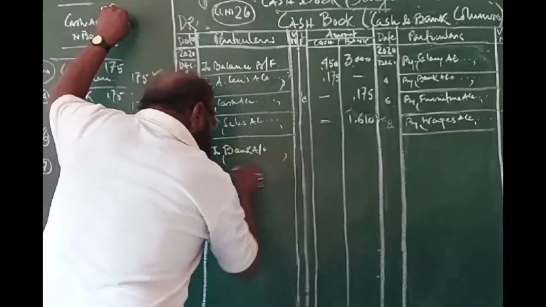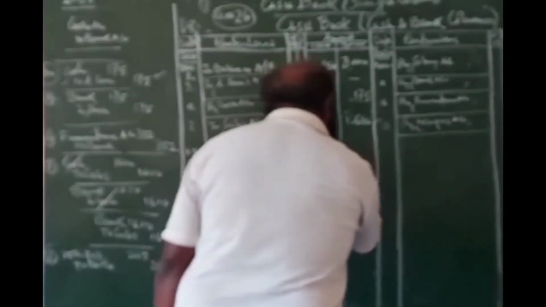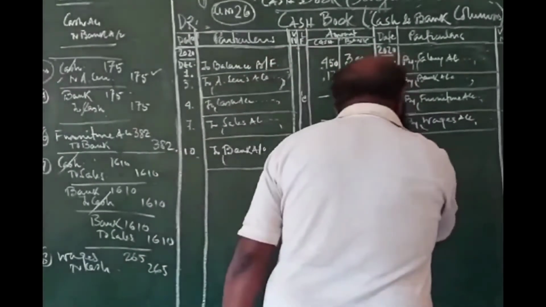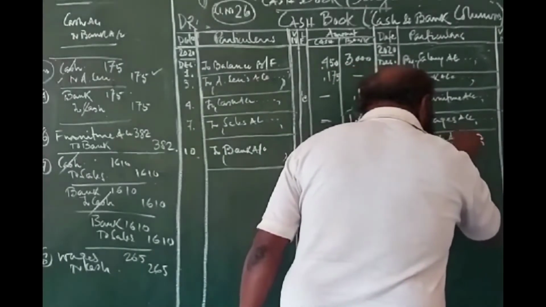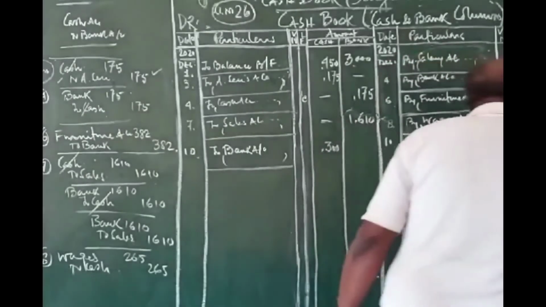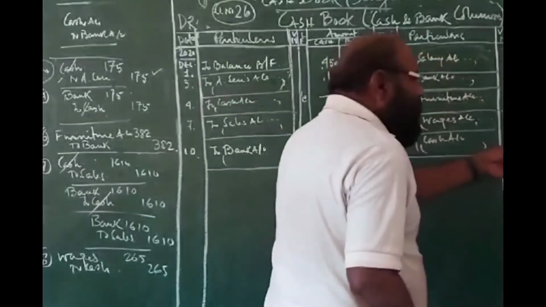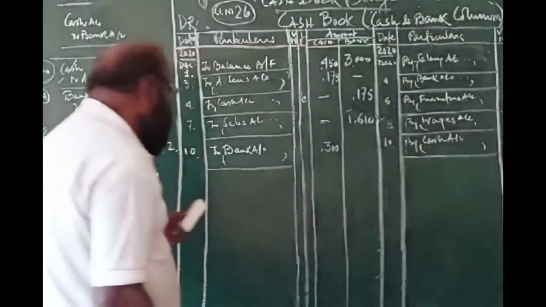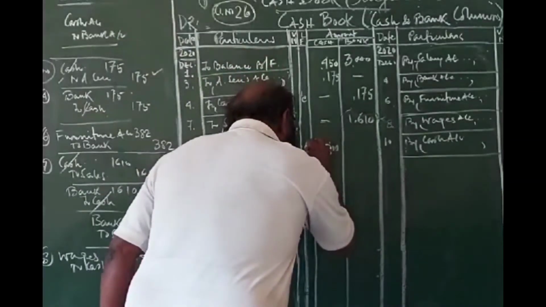Here, being the amount withdrawn from bank, how much is it? 3,000. Here it is by cash. Being the amount withdrawn from bank, how much is it? 15. Therefore, it is quite clear your bank account has been reduced because it has been credited, and your cash has been enhanced because it is debited. And we should write contrarily.